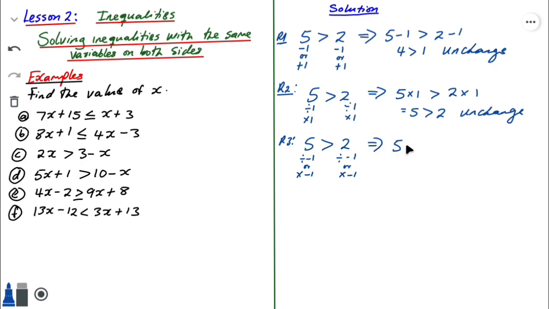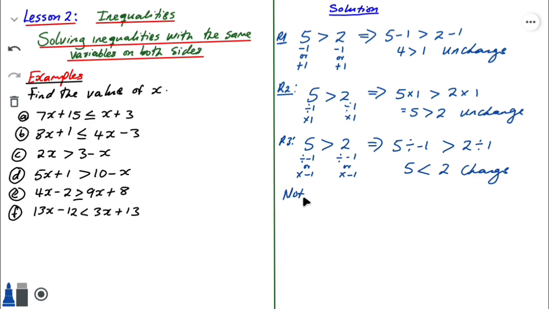That is, if I have 5 divided by minus 1 and 2 divided by minus 1, and I divide, I'm going to have minus 5 less than minus 2. That is, my inequality sign will change. And I need us to take note of this particular rule as we proceed in solving the following questions here.